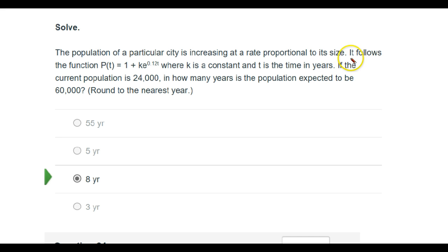It follows this function, which will be P of t equals 1 plus k e, natural log there, of 0.12 t, where k is the constant and t is the time in years.